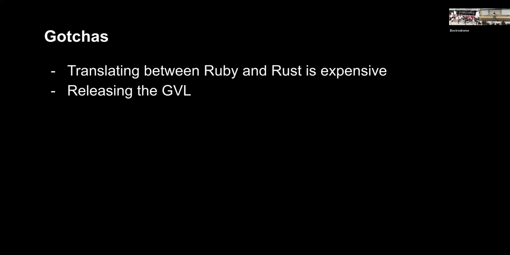The other thing is that if you're not familiar with the GVL, which is the global VM lock, or you might know it as the GIL, basically that means that one line of Ruby code executes at a time. And a common thing in native extensions is to release that so that other parts of your Ruby app can go off and do that while, for example, it's talking to the database.